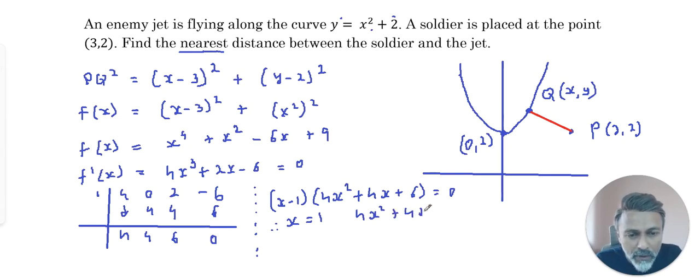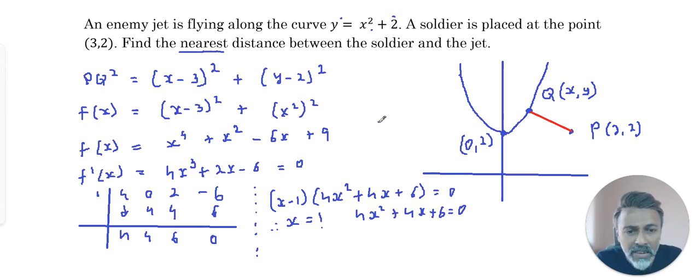But you know the discriminant, b square minus 4ac, is going to have some irrational complicated values. This is plus 6, so it is not even going to be irrational. You will get imaginary roots for this, since b square minus 4ac is negative. So we reject this quadratic and accept x equal to 1.